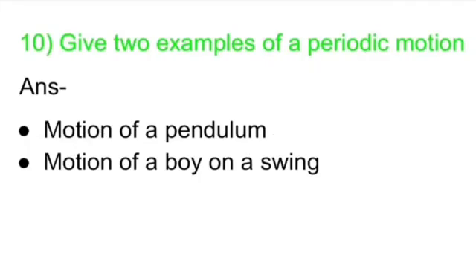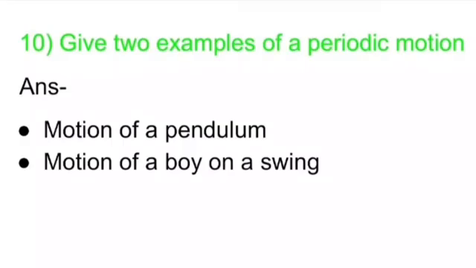Question number 10. Give 2 examples of a periodic motion. What is periodic motion? The motion of an object which repeats itself after equal interval of time is called periodic motion. Right? So, examples are motion of a pendulum.